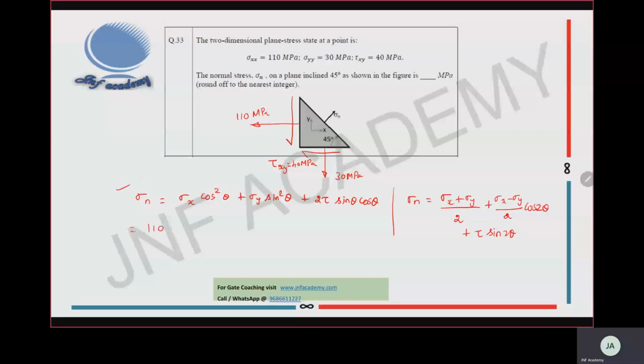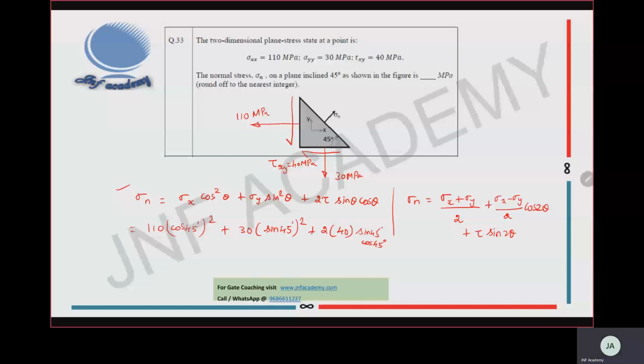Here the sigma x value is 110 cos square 45 plus 30 sin square 45 plus 2 times 40 sin 45 into cos 45. Okay, so sin 45 is equal to cos 45, 1 by root 2 will come. In all the cases, we have a square.